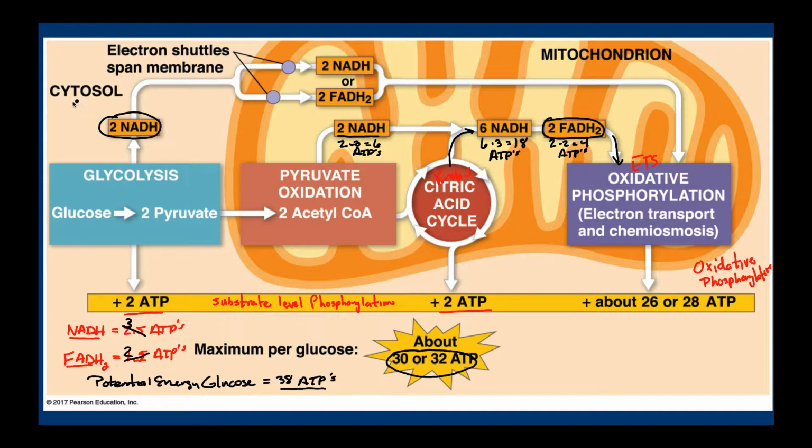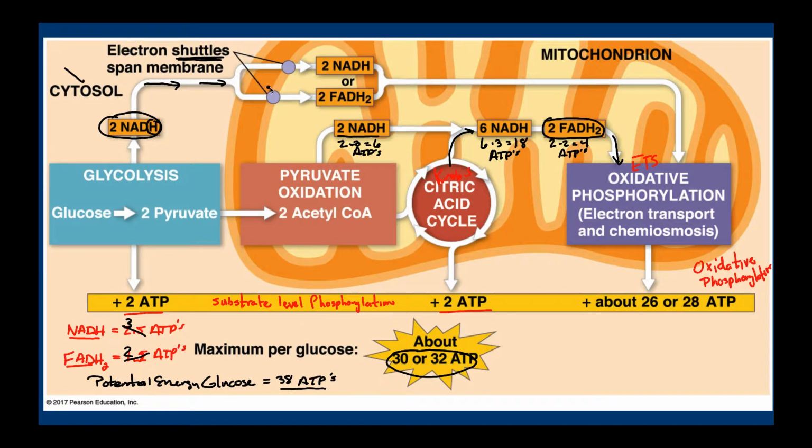Okay, and remember, this is happening out in the cytoplasm, and there's a bit of an issue of getting those NADHs into the mitochondria and to feed into the electron transport system. The electrons that are picked up from glycolysis, and eventually are going to get delivered to the electron transport system, have to go through those mitochondrial membranes through shuttles.